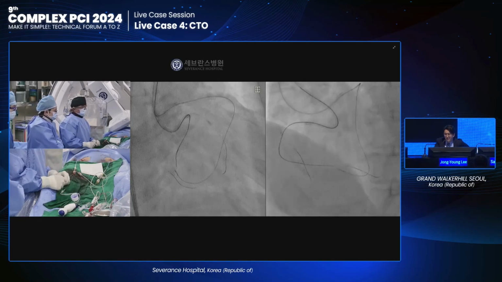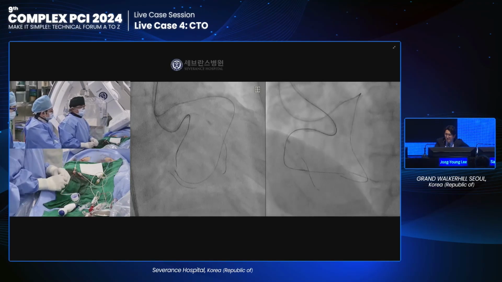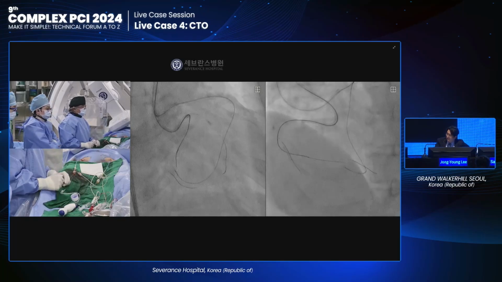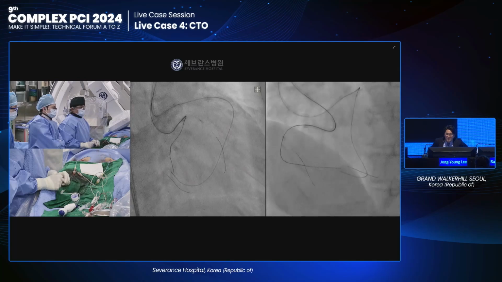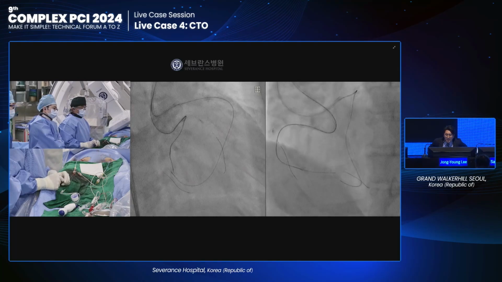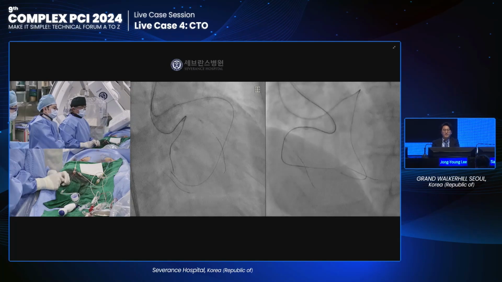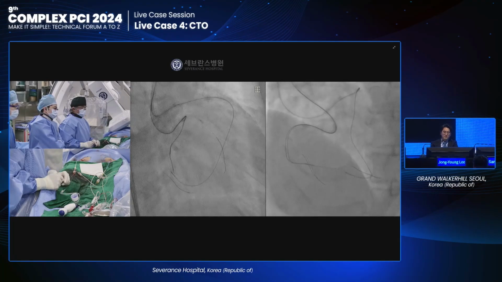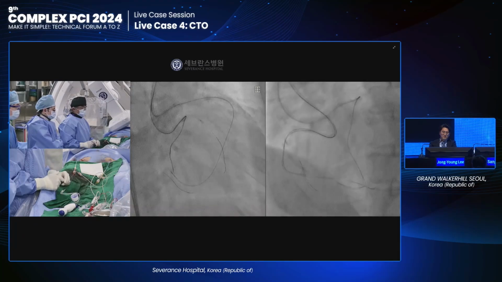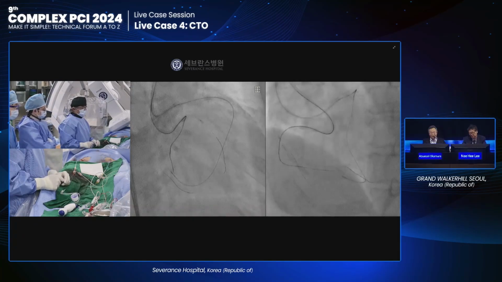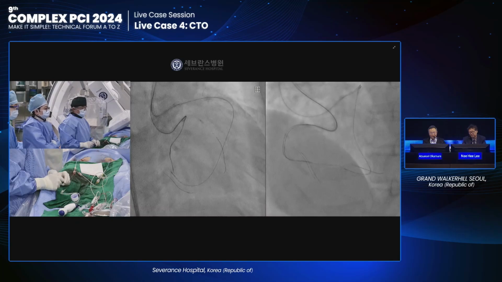Because usually antegrade Gaia wire may make a dissection or subintimal space. So why don't you do retrograde tip injection from the retrograde microcatheter right now? Probably you can check the wire position from the antegrade. If difficult, I think it's better to go to the retrograde wiring and do the reverse CART.